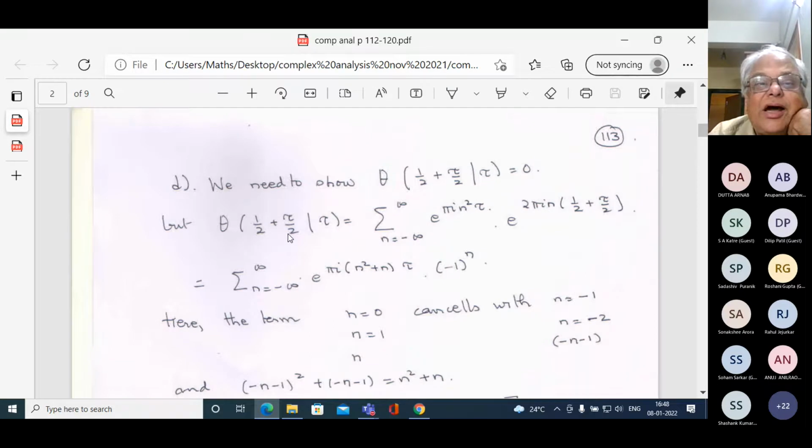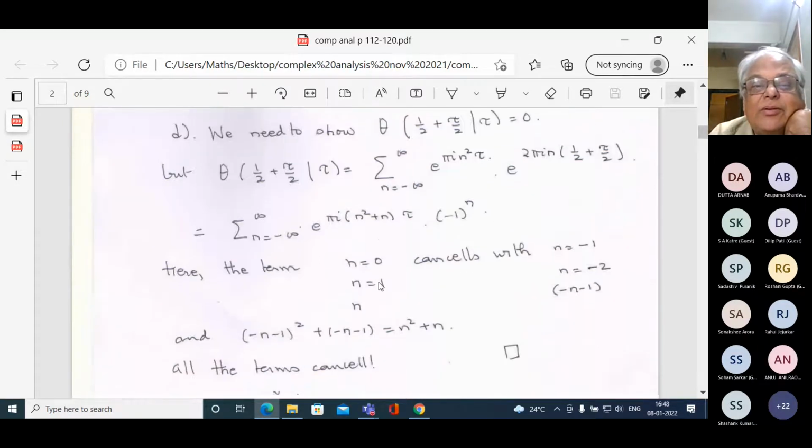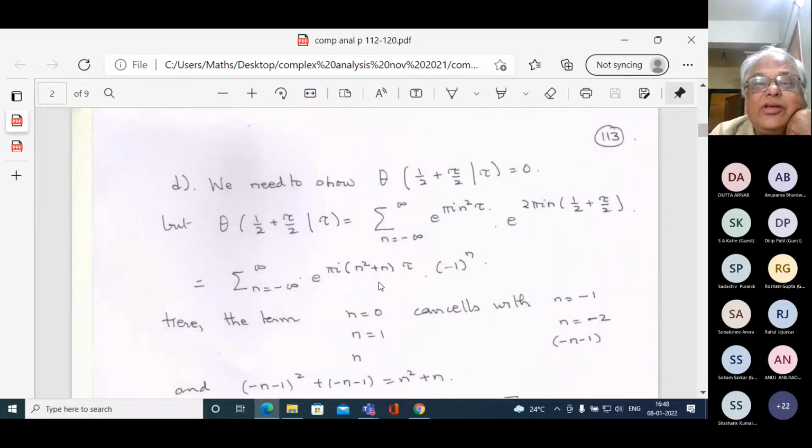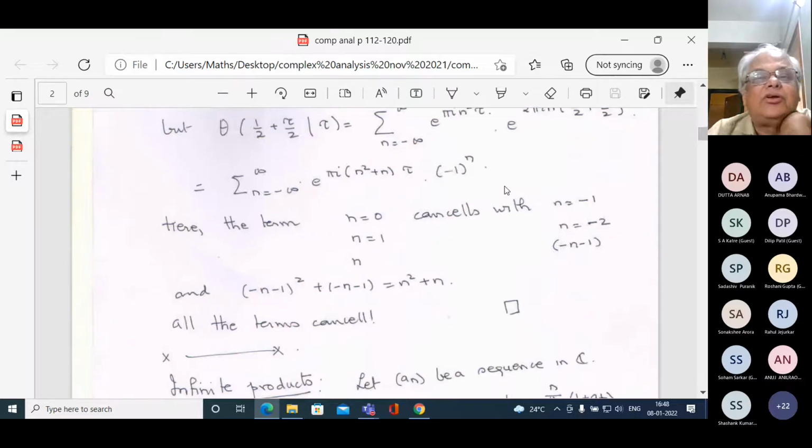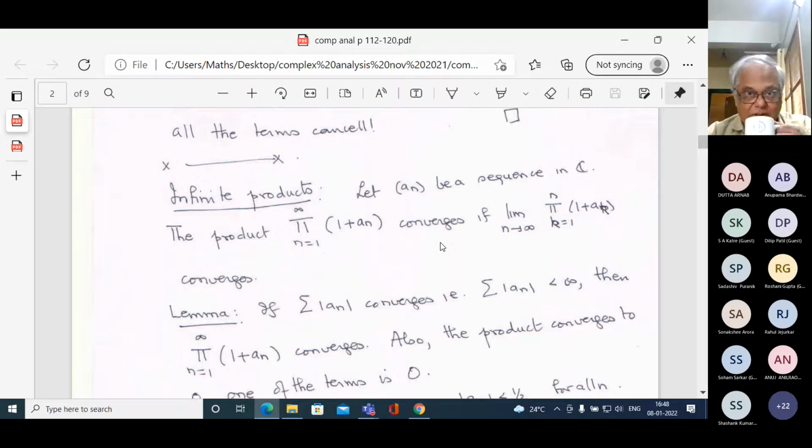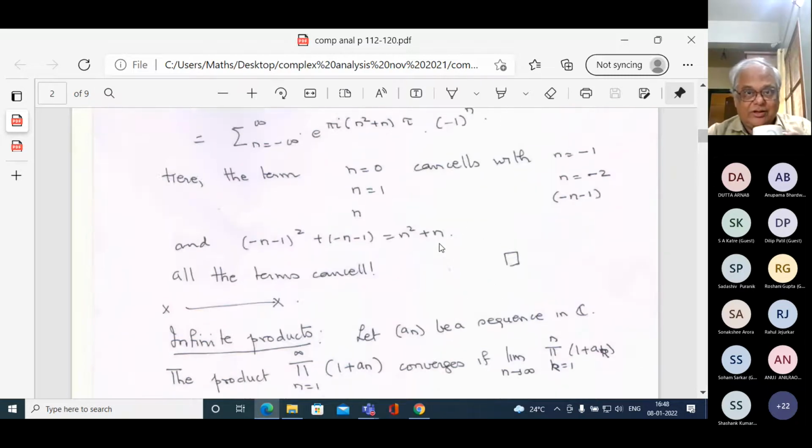And then theta of half plus tau by 2 is this quantity. And therefore you get this quantity, and notice that various terms cancel. So therefore this is a 0. Half plus tau by 2 plus n plus m tau. I've not quite said are there any other zeros. So we have to first check whether there are any other zeros.